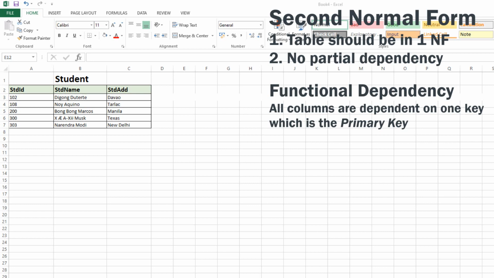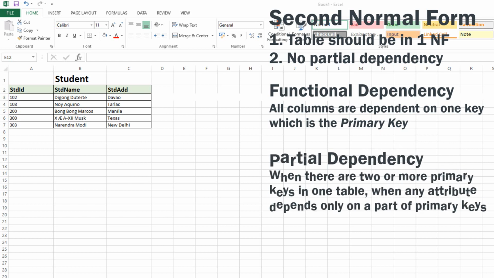Davao belongs to student ID number 102. It cannot be standalone, and therefore we say that attributes student name and student address are functionally dependent on attribute student ID, which is the primary key of this table, student.